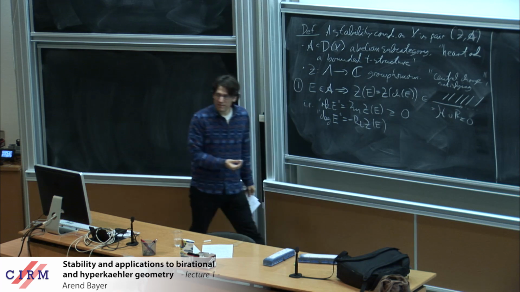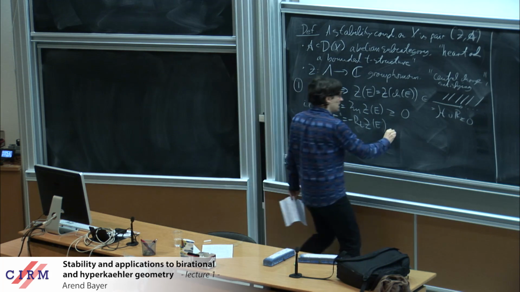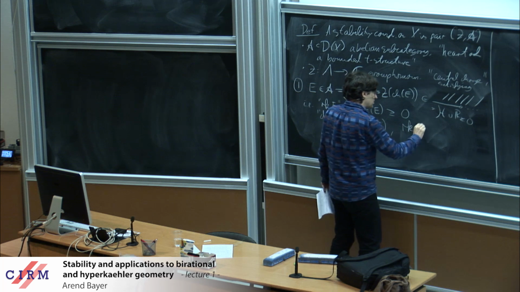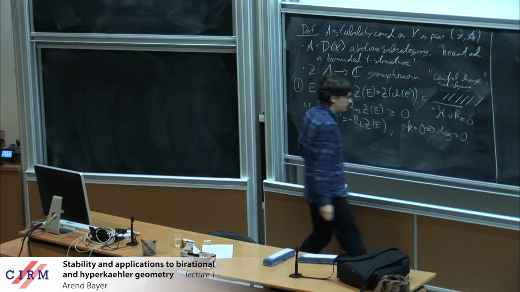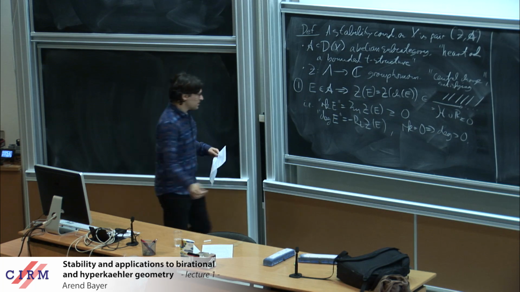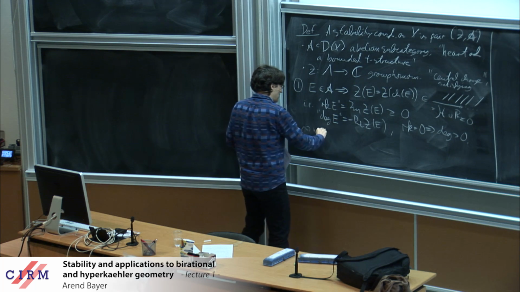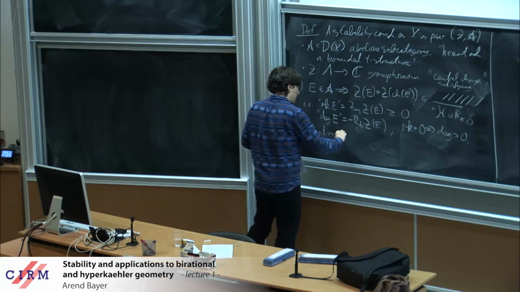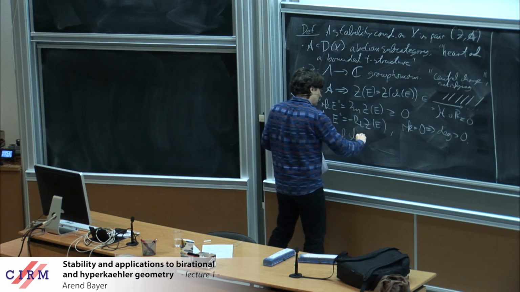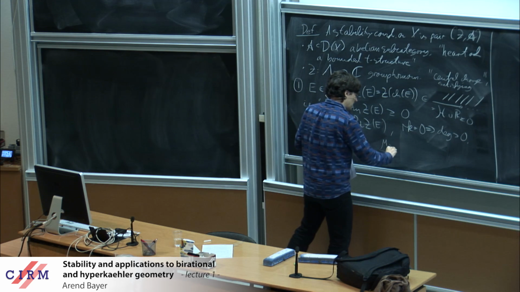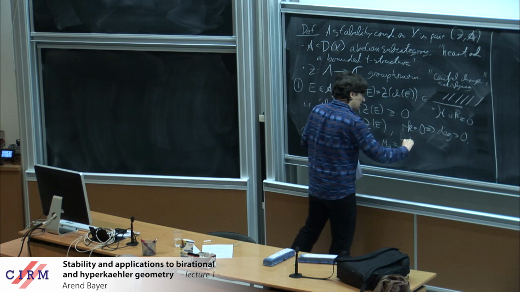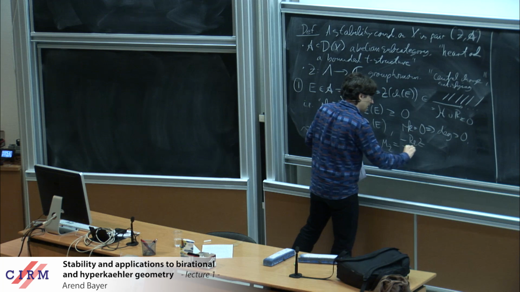The positivity property is that if the rank is equal to 0, then the degree is positive. From this I get the notion of slope: in this abelian category, I just take the quotient of what I call the degree and the rank.